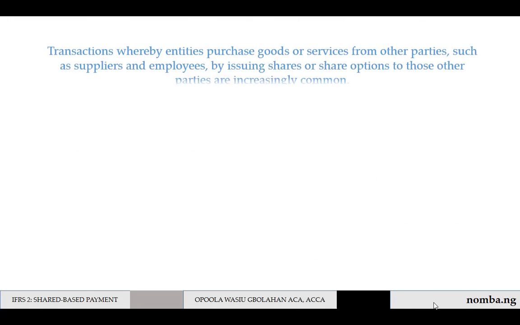So transactions whereby entities purchase goods or services from other parties, such as suppliers and employees, by issuing shares or share options to those other parties, are becoming increasingly common.